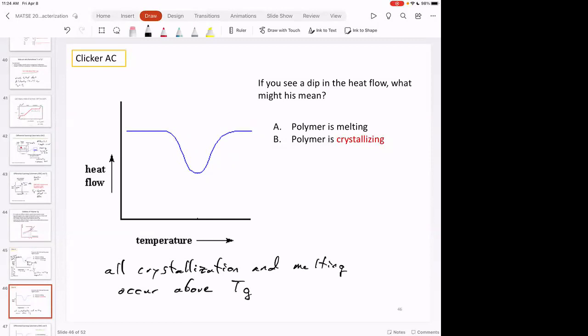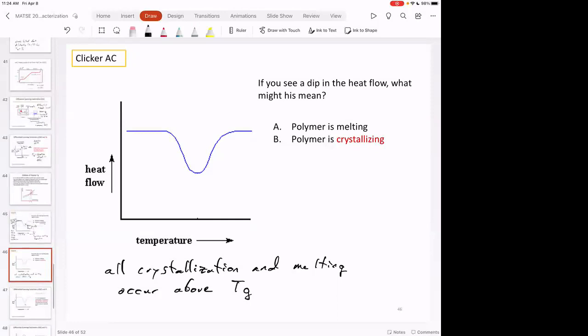Once you go below TG, party's over. You get some little physical aging that you'll be able to study later, but physical aging is not crystallization, it's just a densification.